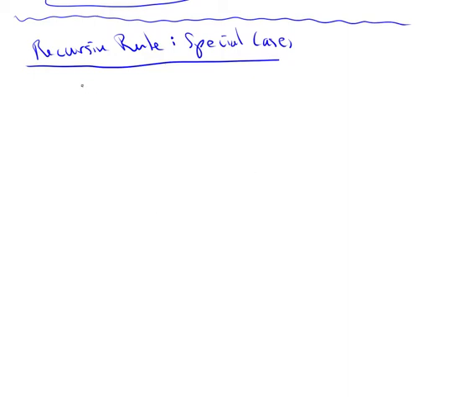So here's an example of one. 1, 1, 2, 3, 5, 8, dot, dot, dot, and so on and so forth. So we can take a look at it and go, well, let's see if it's arithmetic. That's a plus 0, plus 1, plus 2, no, plus 1, plus 2, plus 3.